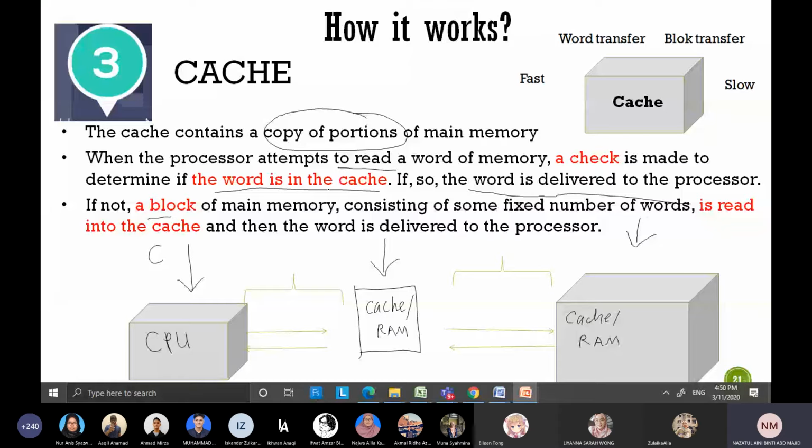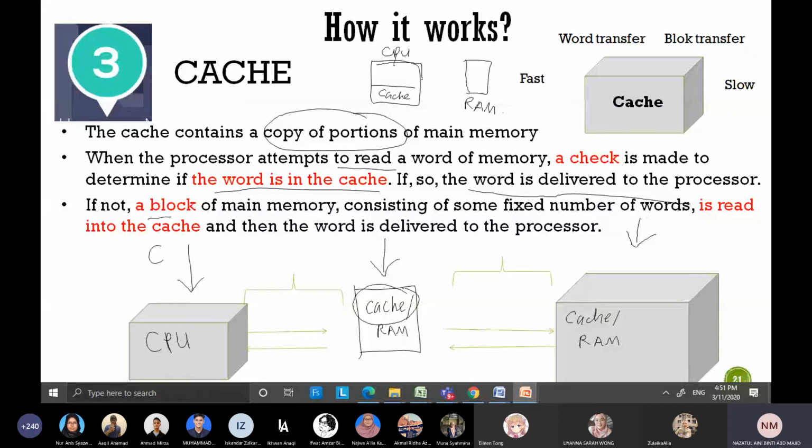Okay, remember, cache is inside the CPU, the nearest one to the CPU. So it should be cache. Remember the cache is inside the CPU, and the main memory is outside.